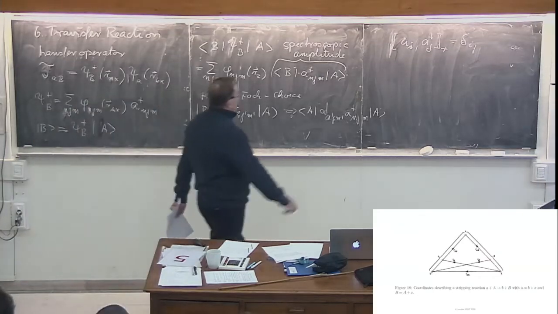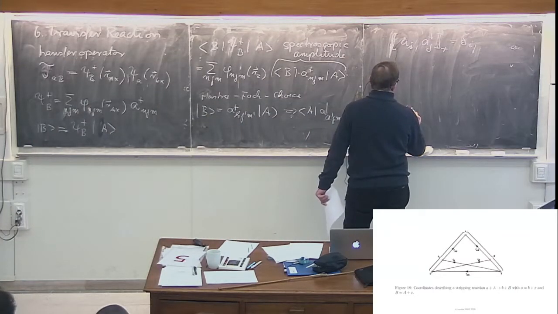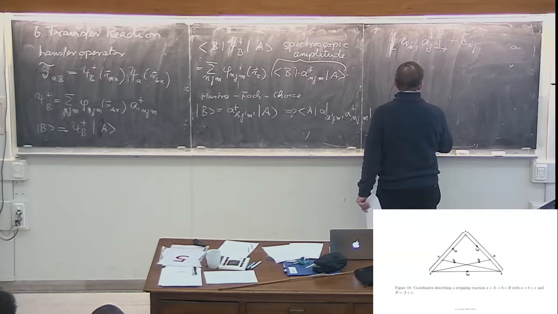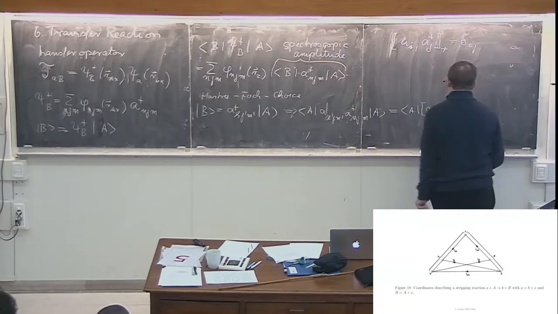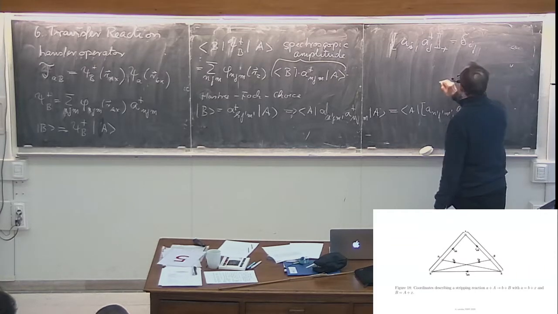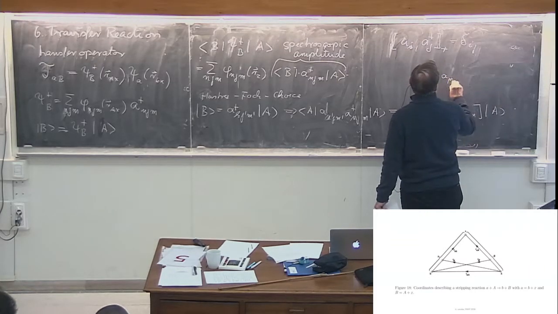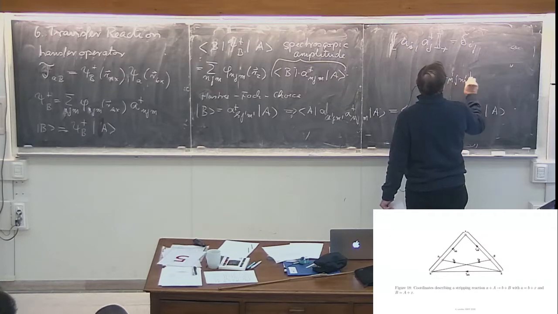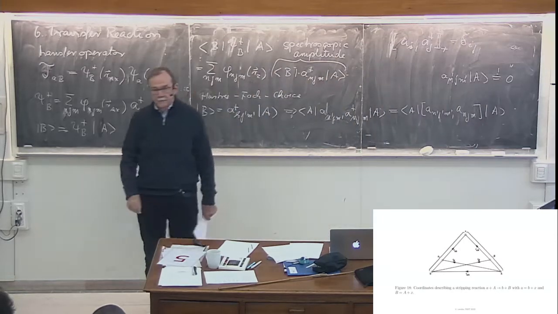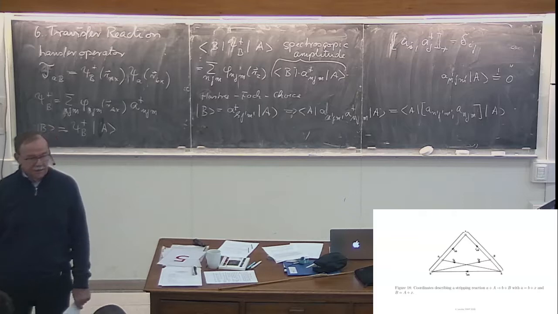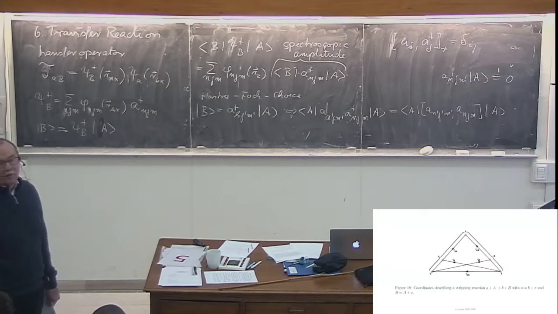So that means this spectroscopic amplitude I can now write like this, under the constraint that a_Jm acting on A is by definition 0, because that state is not occupied in A, or if it is occupied, then I cannot act a second time with it.